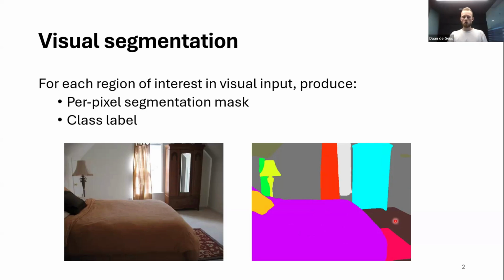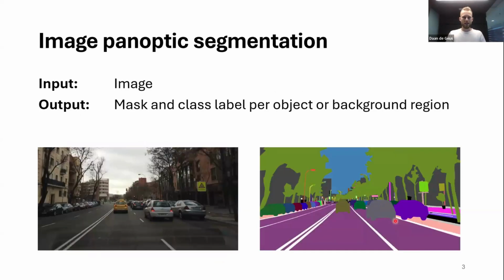And this talk will also cover both of these aspects. Now, this talk will be about visual segmentation, but hopefully the conclusions that we draw will also be more generally applicable beyond visual segmentation. So let's see about that.